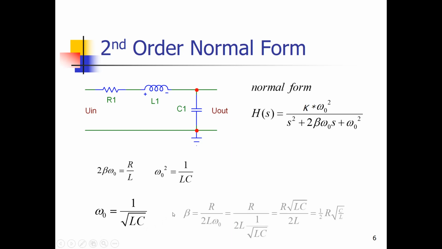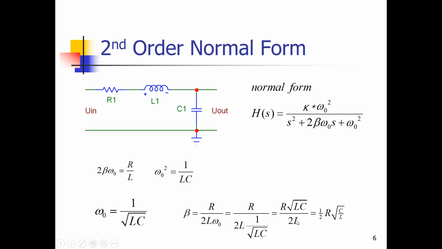So I can say beta is R over L divided by 2 times omega 0, or R divided by 2 times L times omega 0. And now I can substitute this value for omega 0 in this equation over here, and then I get R divided by 2 times L times 1 over the square root of L times C. Well, I can multiply numerator and denominator with the square root of L times C, and then I get R times the square root of L times C, and here it will be gone, so only 2 times L is left in the denominator.